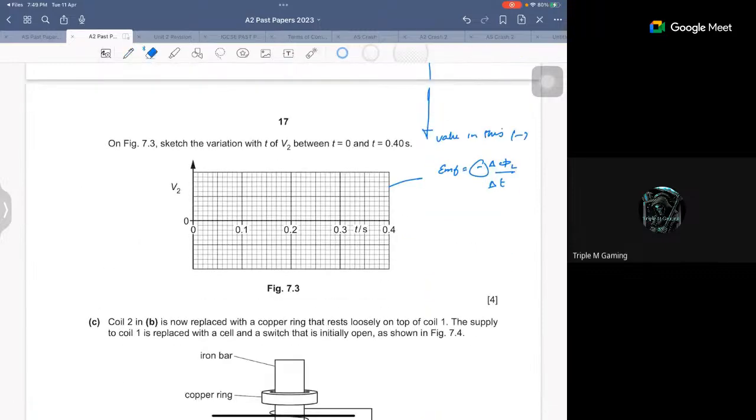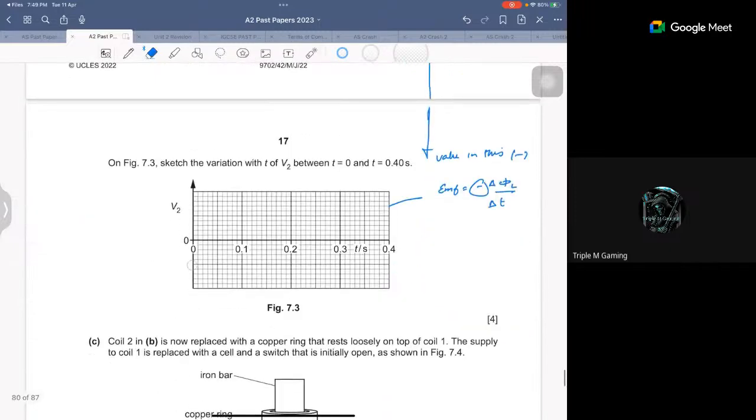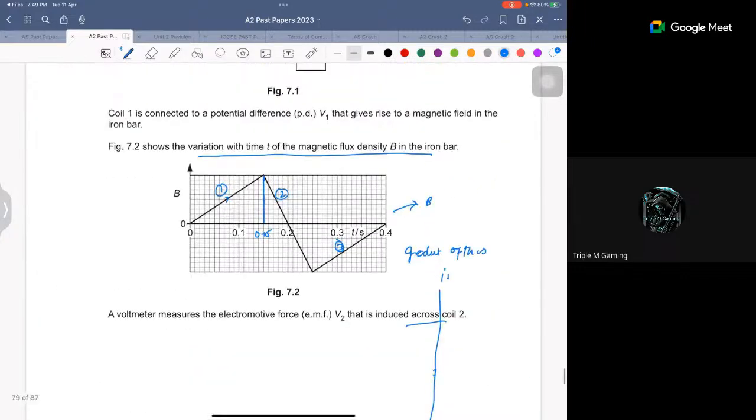So we're going to draw it as a constant gradient till 1.5, and negative. Do you guys understand this? Then the next section is a constant gradient and negative.